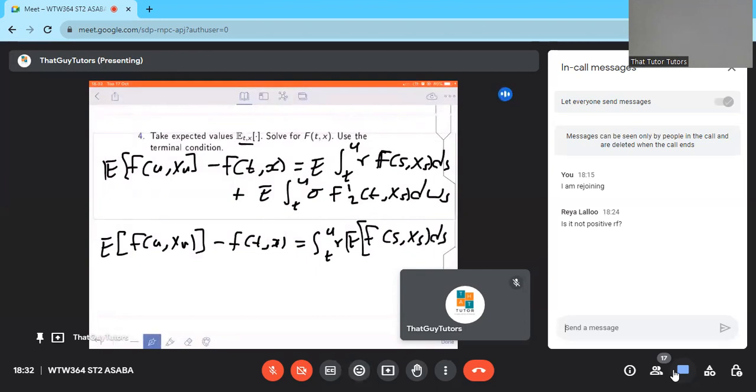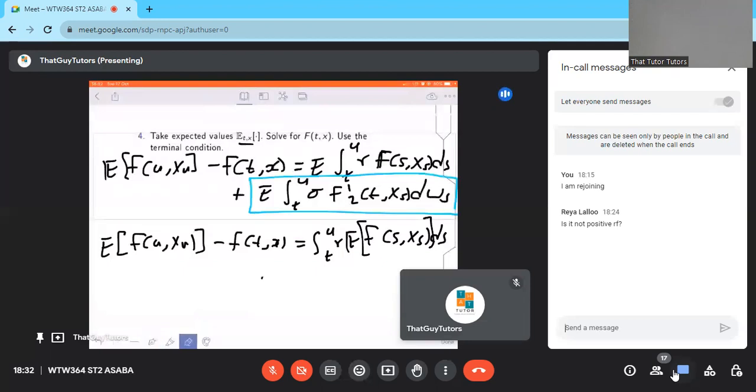Because the expectation of the stochastic differential term would be 0. They would actually give you that under formulas and results, on the first page. So this part would be 0, and there's no need for you to focus on it.